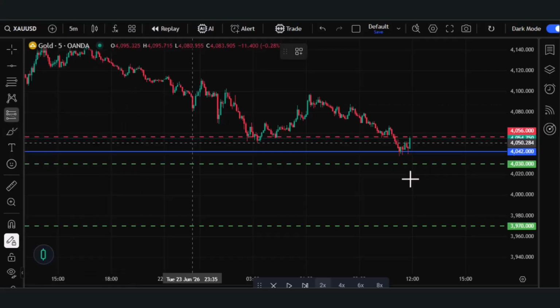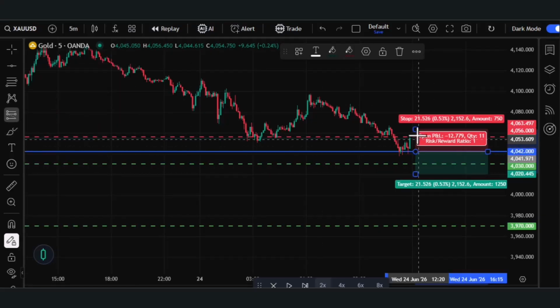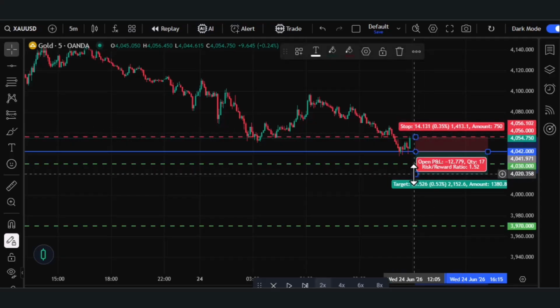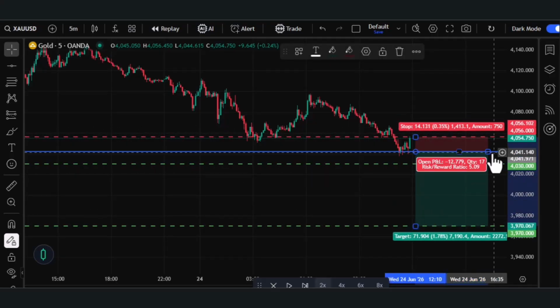Alright, now we leave the trade open on the chart. This is our stop loss and this is our take profit, so the trade is roughly at a 1-to-5 risk to reward ratio.